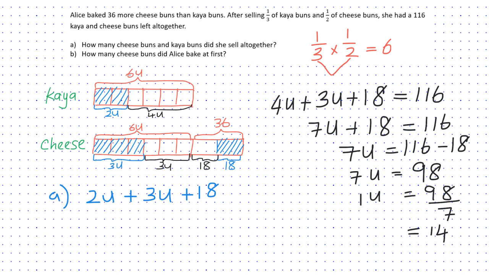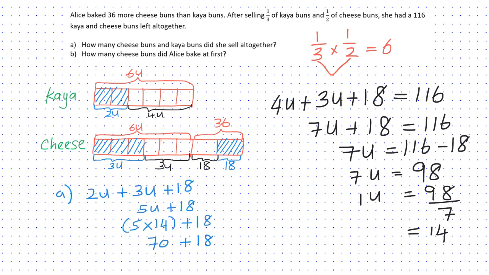Since we know the value of 1 unit, which is 14, we will now substitute 14 into this expression. We can simplify this to 5 units plus 18. 1 unit is equal to 14, therefore 5 times 14 plus 18, which is 88 buns in total.